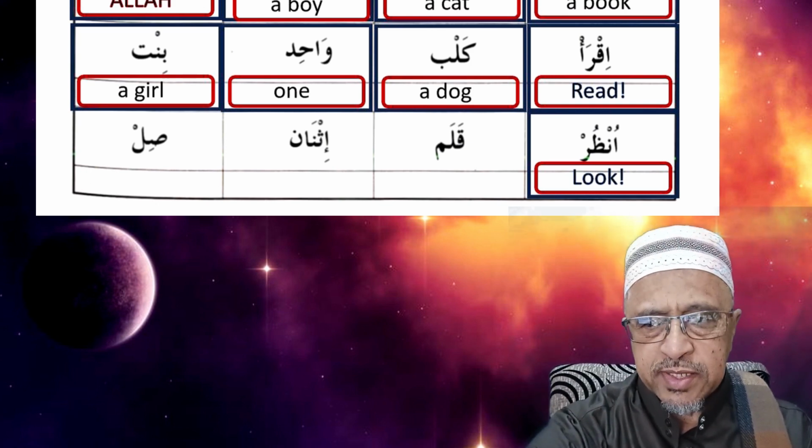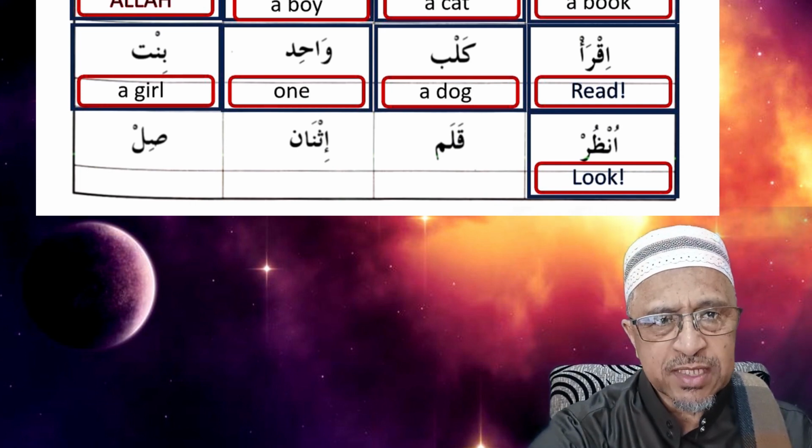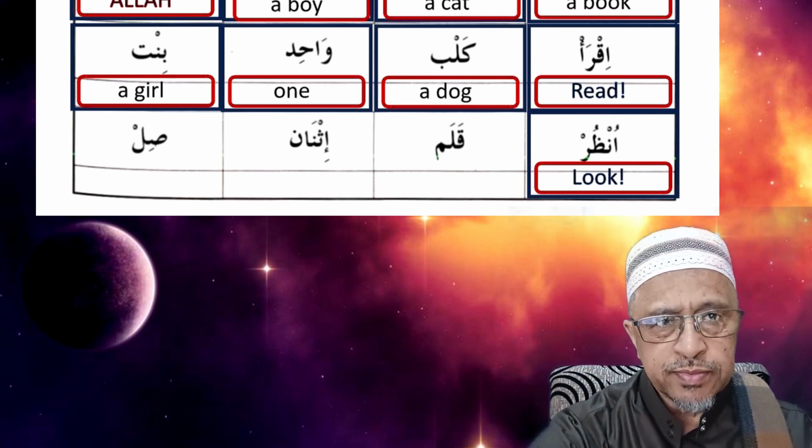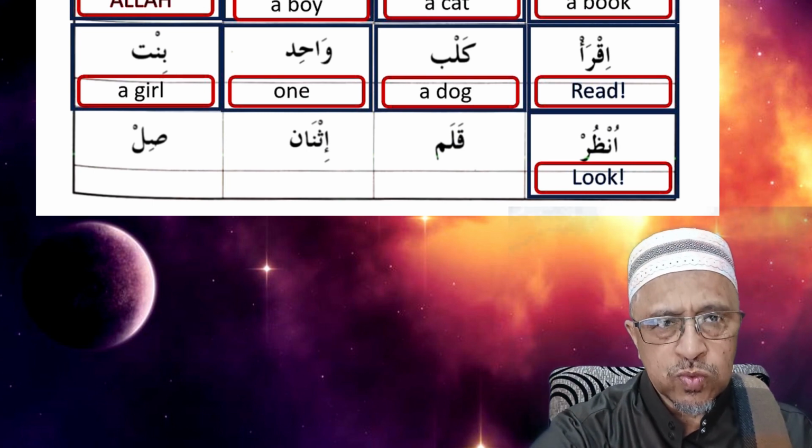And words like this, in English, we often write it with an exclamation mark. In Arabic, it will end with a sukoon, normally. So instructions in general end with a sukoon.